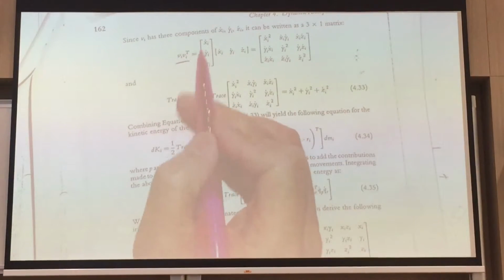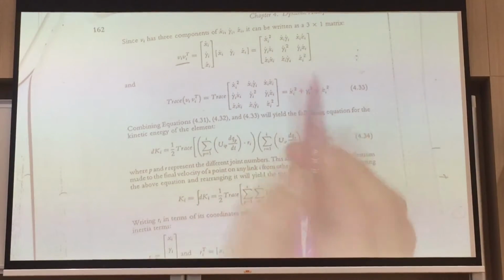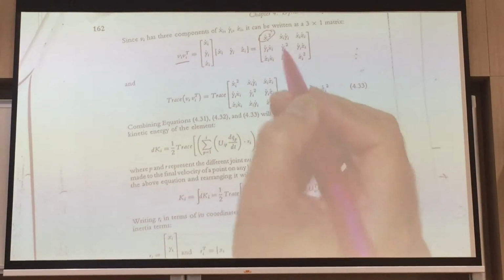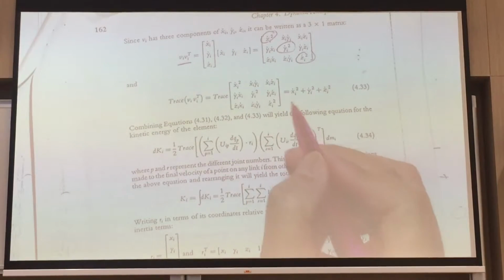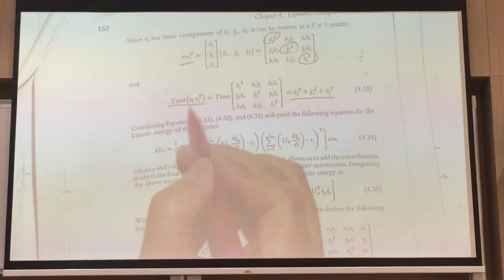V is given by this matrix, v transpose is this matrix. So when you multiply them, you're going to see the diagonal elements. The sum of them is given by the trace of a matrix.